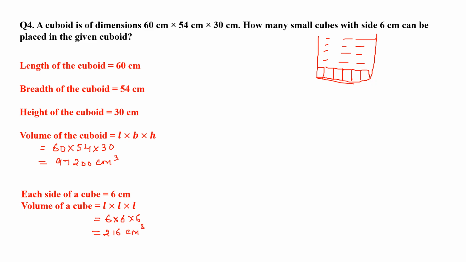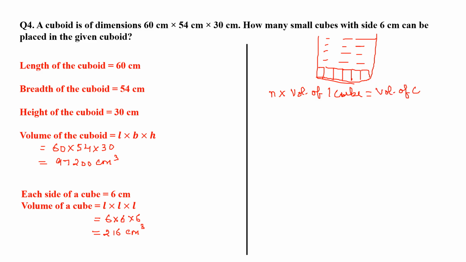Now to find the number of cubes, from here I can say that the volume of this cuboid is equal to the sum of the volume of all the cubes, but I don't know how many cubes it can fit inside. So I will assume the number of cubes is n. So from here can I write n into volume of one cube will be equal to volume of the cuboid, right?